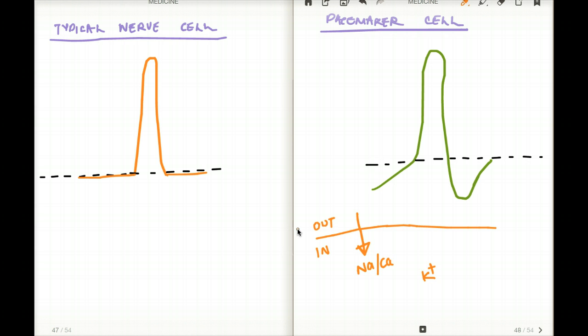We know that intracellularly, potassium is really high. But what we don't want is more potassium to come in. If this happens, the cell is going to be repolarized, and it is not going to go into depolarization. So we want to put a stop to the incoming of potassium, and we want to encourage the incoming of more sodium and calcium into the cell.